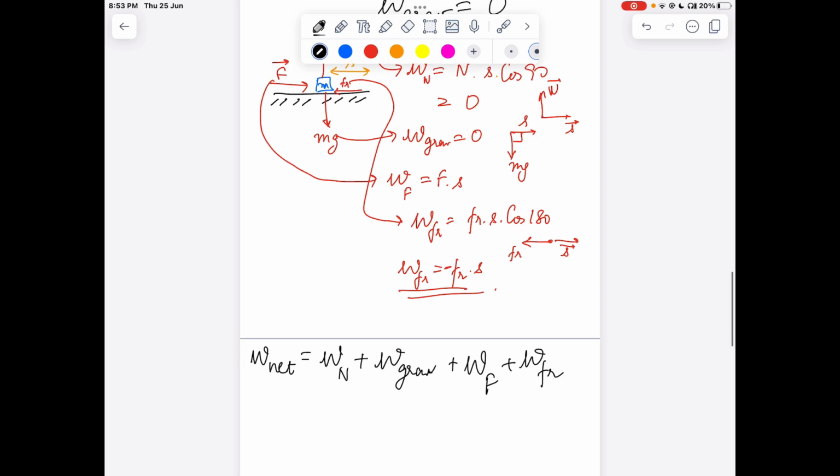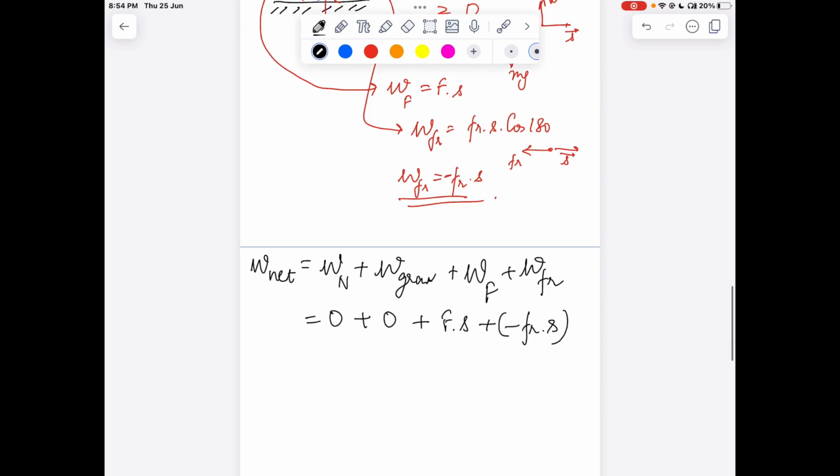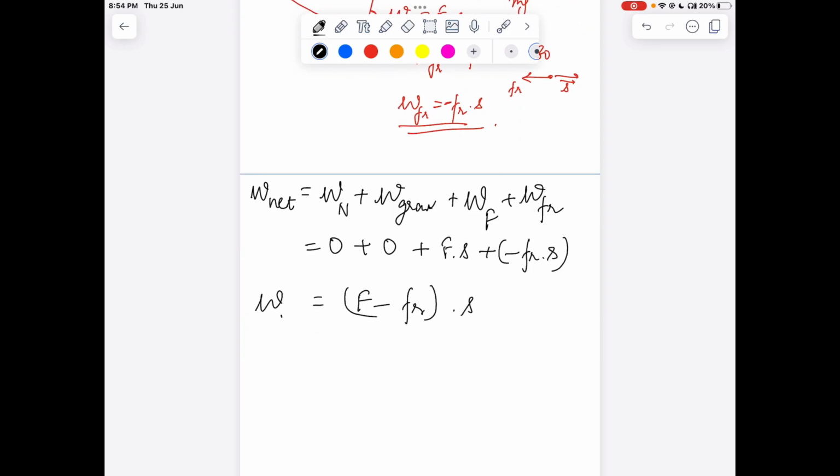Of course that would be 0 plus 0 plus F dot S plus minus Fr dot S, which works out to (F minus Fr) dot S. Now what is that quantity? That is actually the dot product of F net and S.